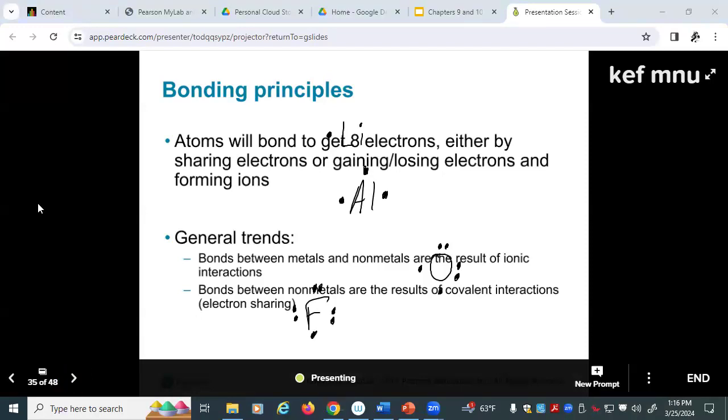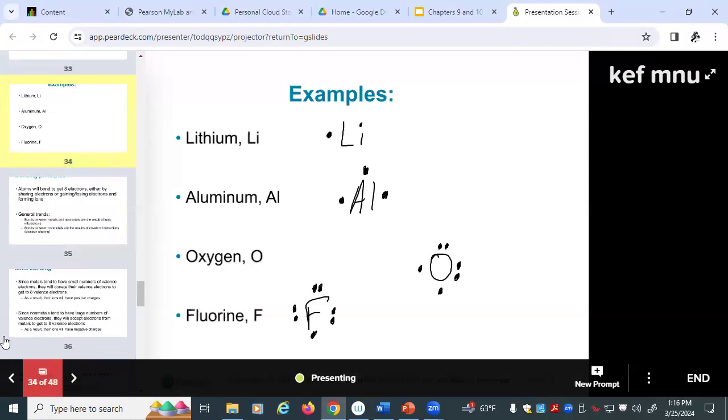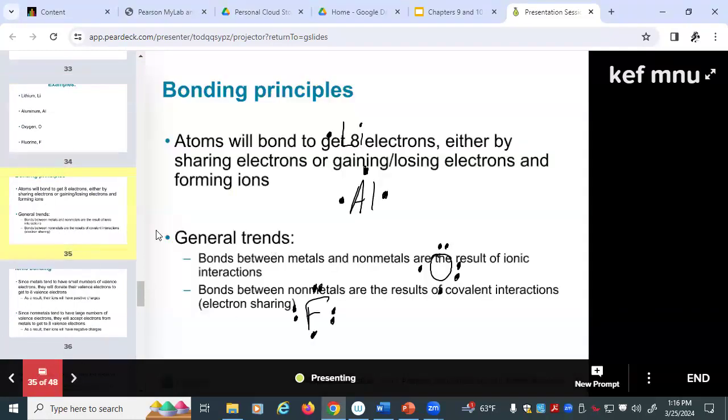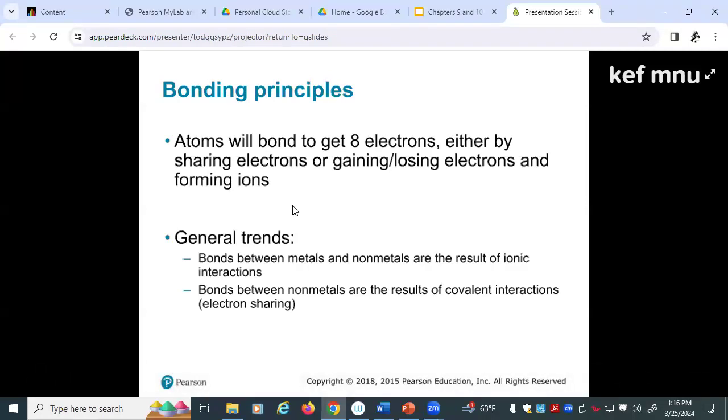Okay, so let's talk some principles of bonding then. Now, our general octet rule says that atoms are going to bond until they get to 8 electrons. Now, how they get to 8 varies.